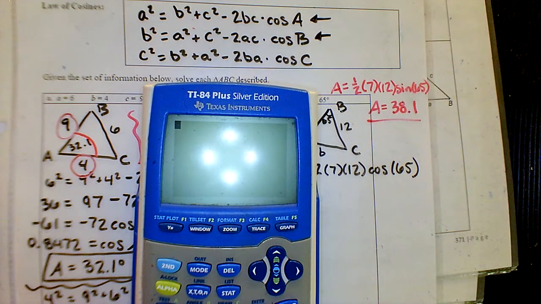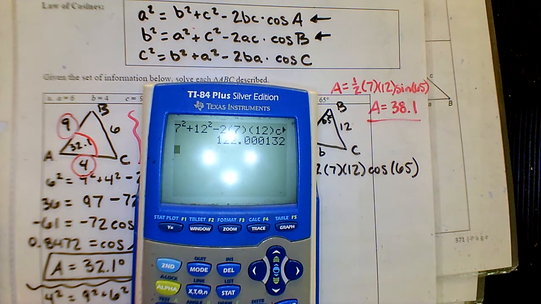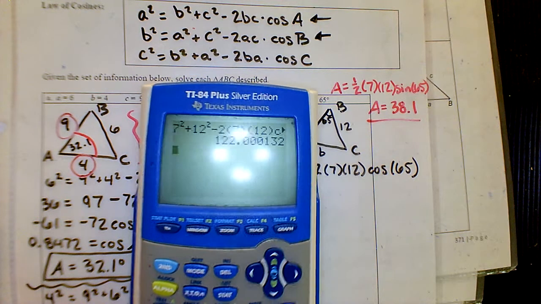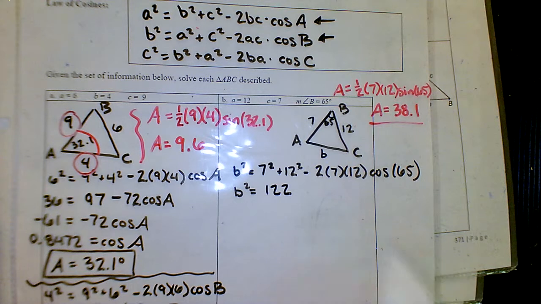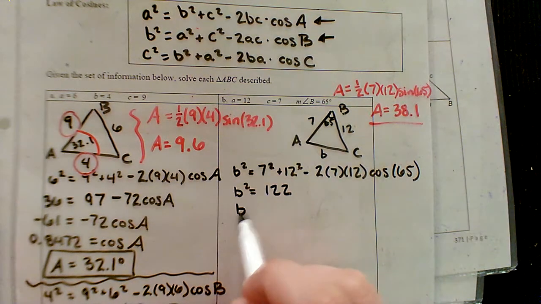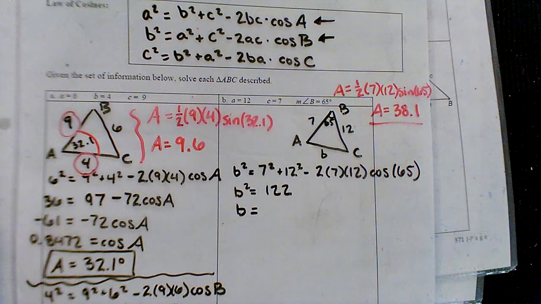Okay. So we have 7 squared plus 12 squared minus 2 times 7 times 12, and then cosine of 65. So that entire right side we'll say is 122. And lastly, to get b all by itself, we'll just square root it.